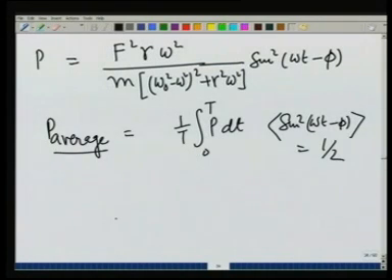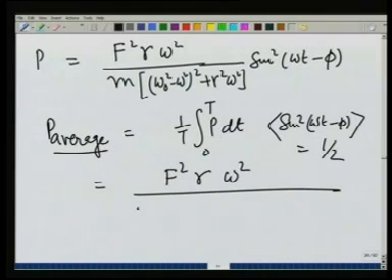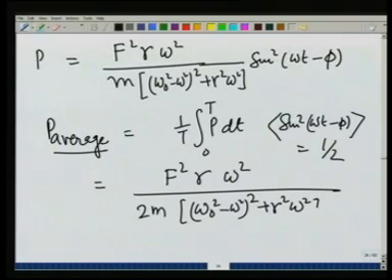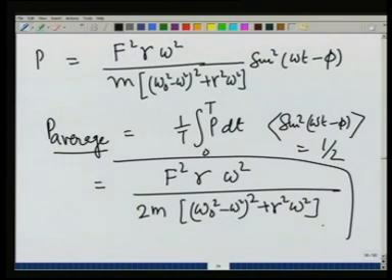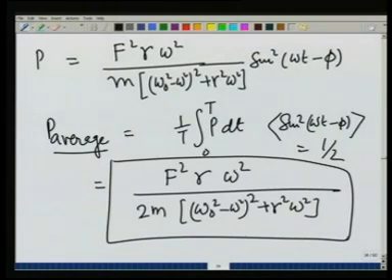Recall RMS value from AC circuits in your 12th. So, average power comes out to be f square gamma omega square over 2m times (omega naught square minus omega square) square plus gamma square omega square. This is the average power loss in the system.